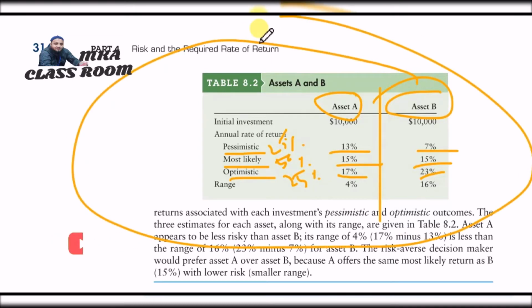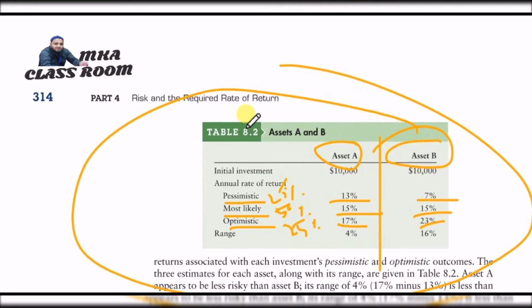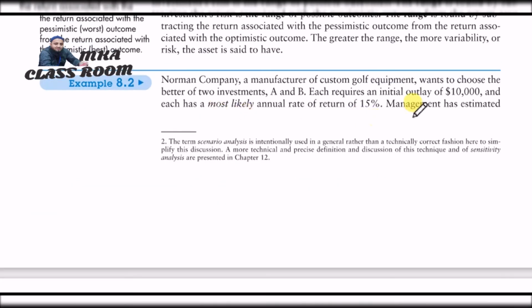Now calculate the standard deviation. Here we will see Norman Company wants to choose the better of two investments, A and B. Norman Company's example we discussed in previous classes.